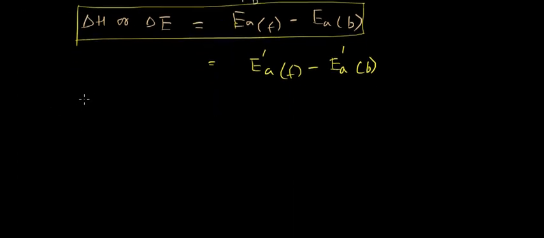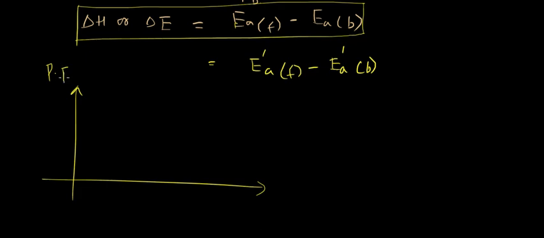The graph would look something like this, again with potential energy on the y-axis and reaction coordinate on the x-axis. Suppose we have this as the initial graph, and after the introduction of the catalyst we have this graph.